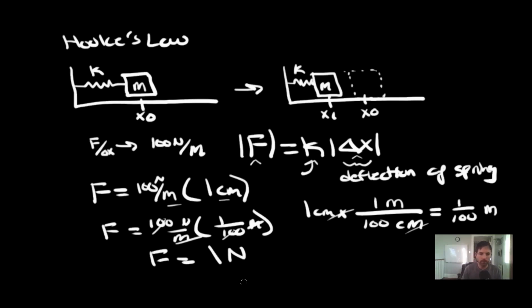So our force that is being applied to the block to compress the spring 1 centimeter or 0.01 meters is 1 Newton. And so that also means that the spring is applying 1 Newton of force to the block if it's being held in place. Right? Okay, looks good to me.